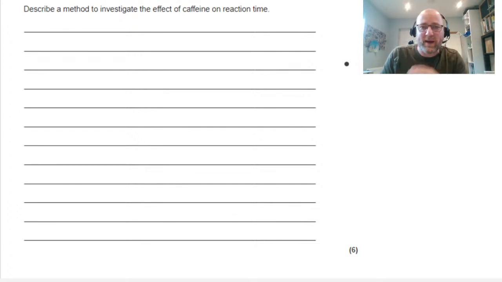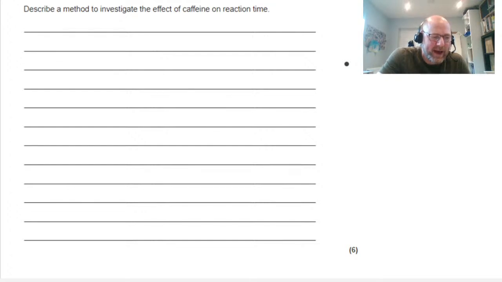Describe a method to investigate the effect of caffeine on reaction time. So obviously caffeine supposedly decreases your reaction time, makes you quicker. Obviously, if the time goes down, you're faster. So yeah, caffeine should decrease your reaction time.